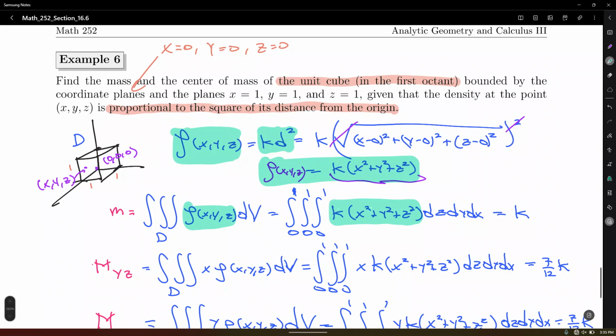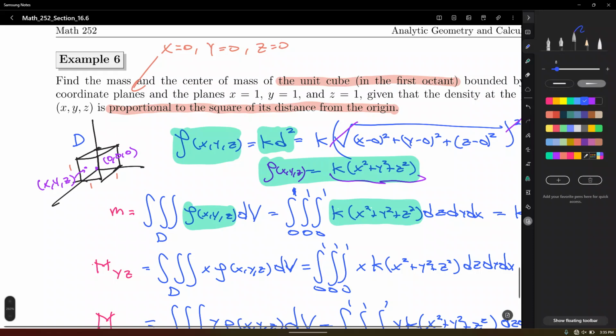And the limits of integration, I believe, are pretty straightforward: from 0 to 1, from 0 to 1, and from 0 to 1 for x, y, and z respectively. I'm going to skip the steps of the integration, and the result of evaluating this integral will be simply k.